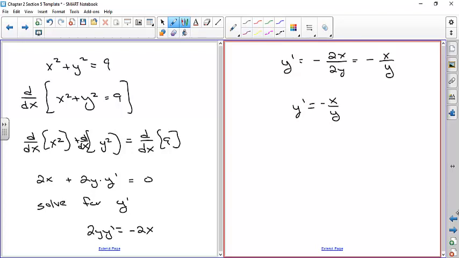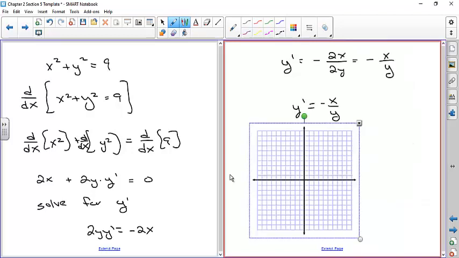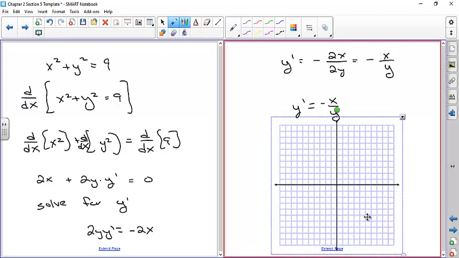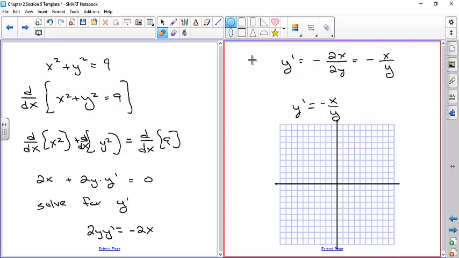So let's just draw a circle of radius 3 and see if this makes sense or not. See if it actually does what it's supposed to do. So we're going to pick out a few points.